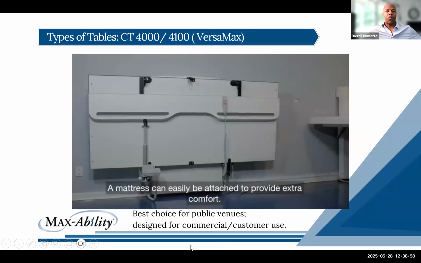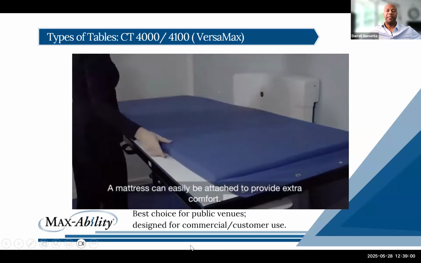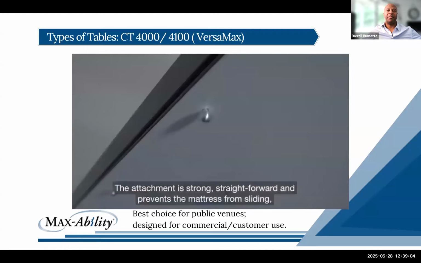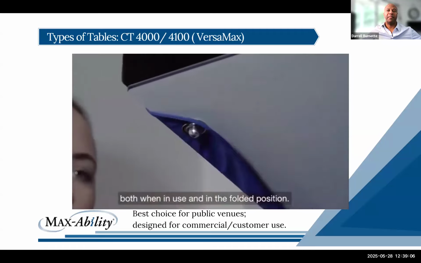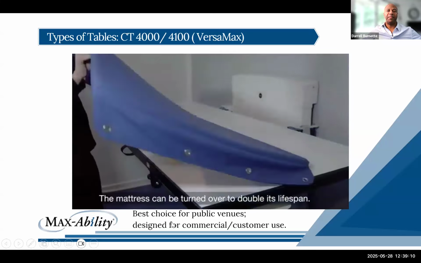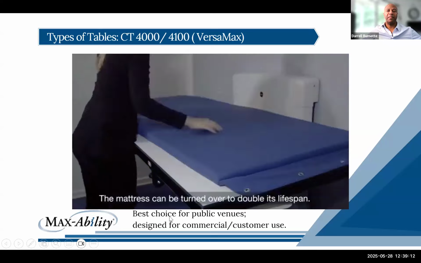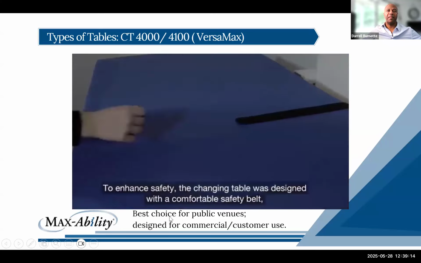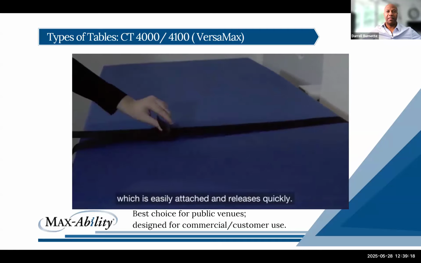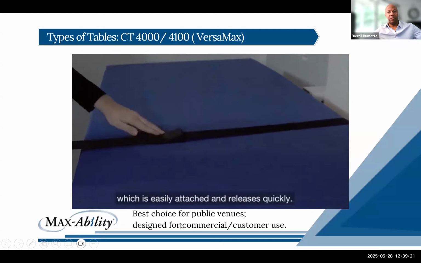The mattress can easily be attached to provide extra comfort. The attachment is strong, straightforward, and prevents the mattress from sliding, both when in use and in folded position. The mattress can be turned over to double its lifespan. To enhance safety, the changing table was designed with a comfortable safety belt, which is easily attached and releases quickly.